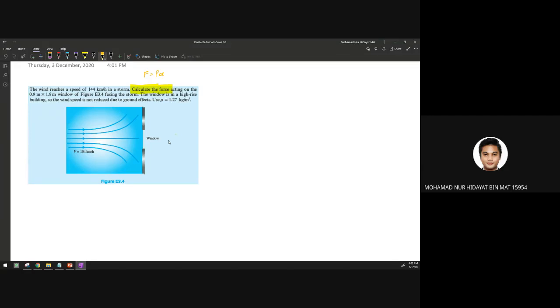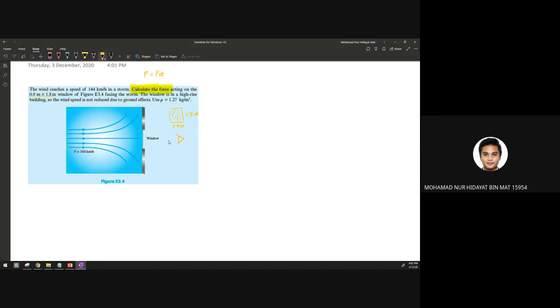When you look at here, definitely your area will have this dimension. Right, so that means this is 0.9 meter and this one 1.8 meter. So this is your window.